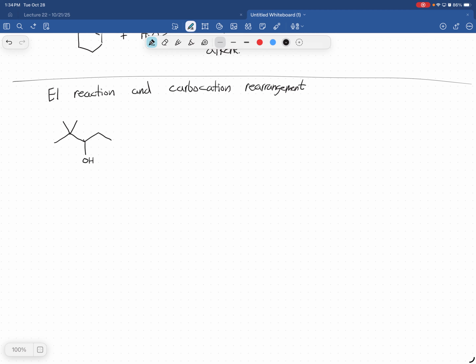I might not tell you that a rearrangement will occur. You have to detect that intuitively based on the structure, okay? So say I have H2SO4, and I just heat this a bit to 140 degrees Celsius.